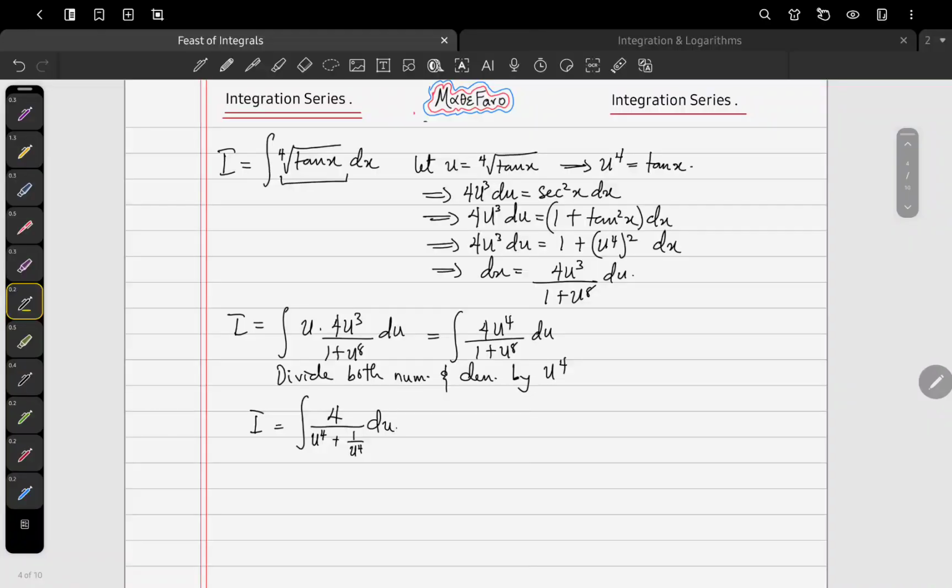And this is the same thing as the integral of 4 over u squared plus 1 over u squared du. So when you look at that denominator, you see that it's a sum of two squares.